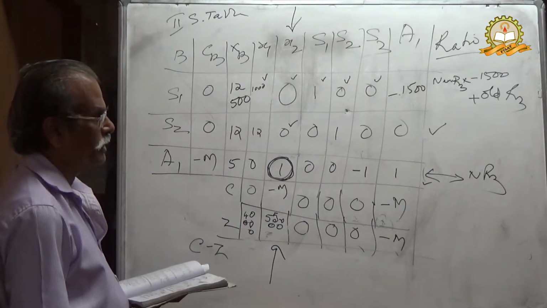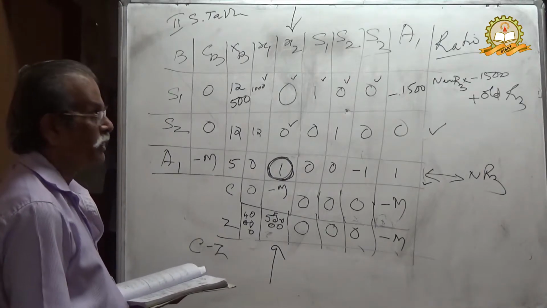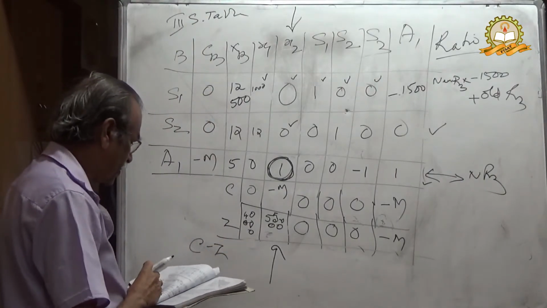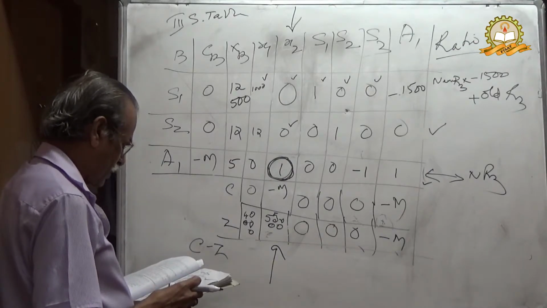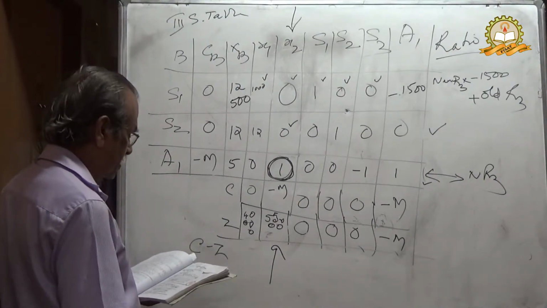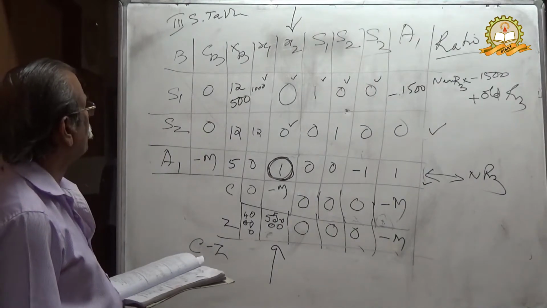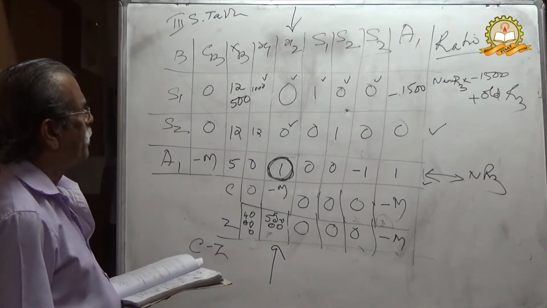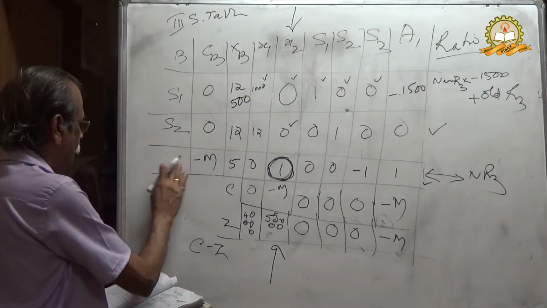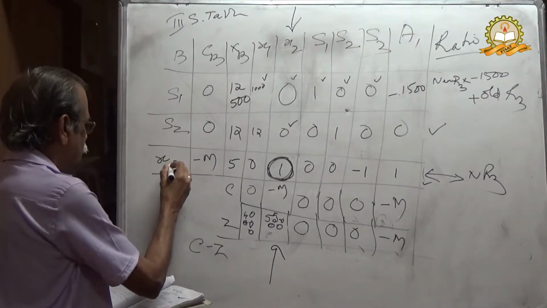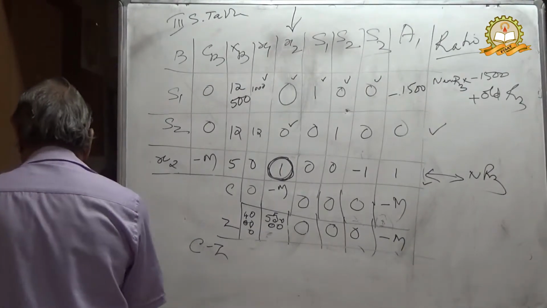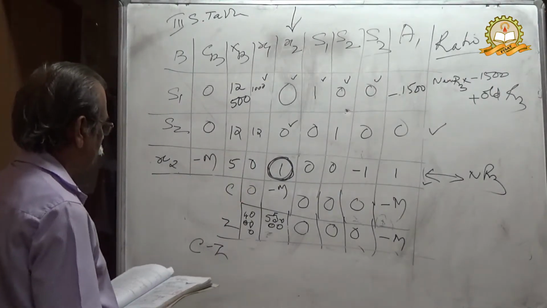X2 and A1 interchange, and the revised third table will be as follows.